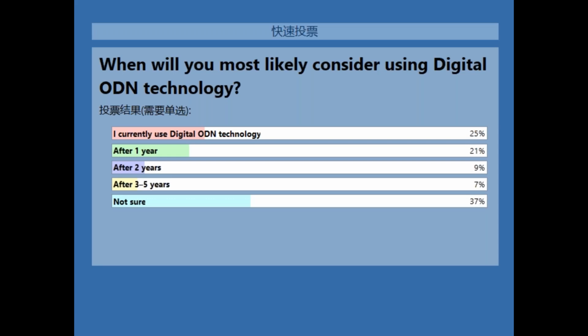Okay, this is a surprise for me because digital ODN is a new technology, and I saw that it's 25%. It is very amazing. And I think this is a question for long-term consideration. In the early days of service provision, the management of a passive network is not difficult. With the increase of subscribers, the difficulty of ODN management will increase a lot.